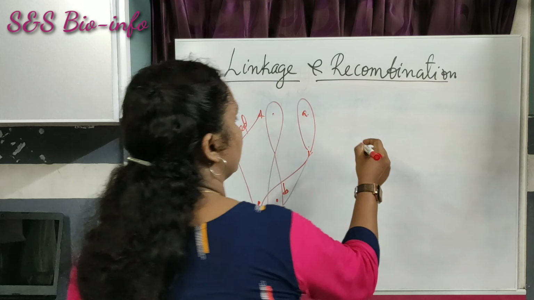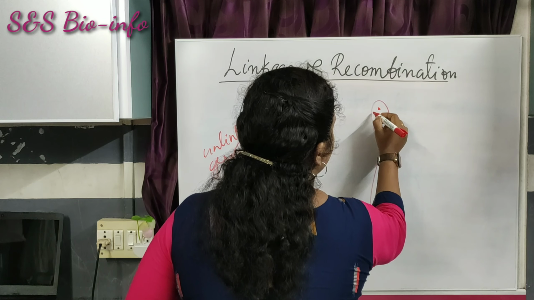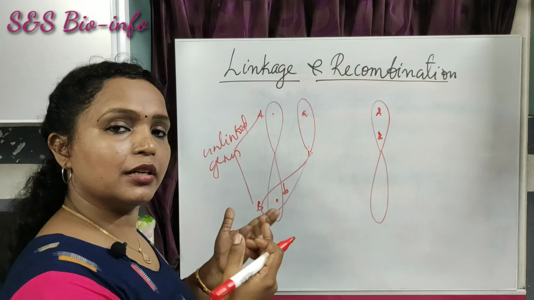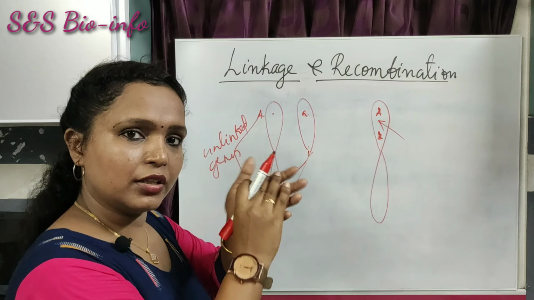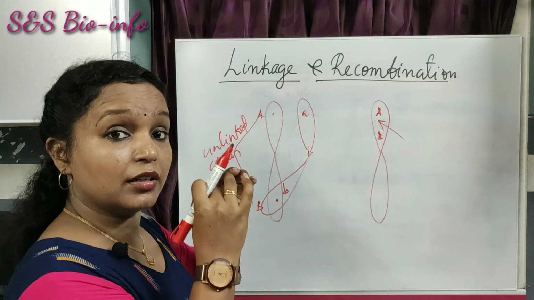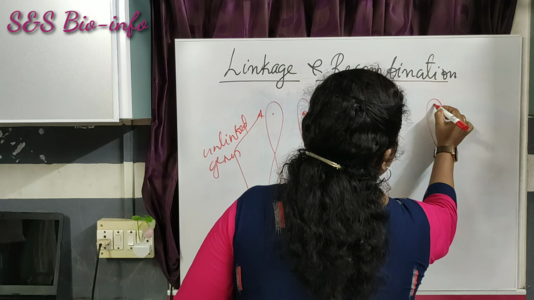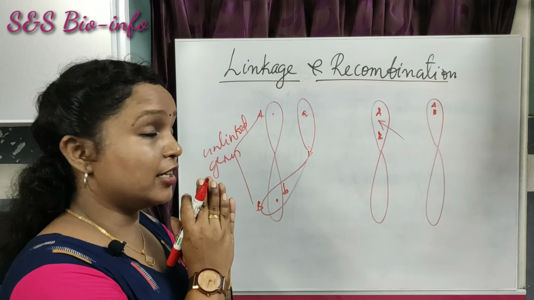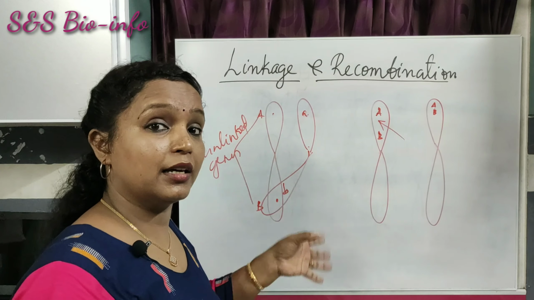Let's consider another situation. The next chromosome has the genes A and B located here, which means less distance between the genes. Here there is less chance of crossing over. If crossing over occurs at a particular place only, there is a chance of A getting separated from B. In the case of the third one, if the genes are located very closely, they always stay together, and crossing over must take place at a particular point for them to be separated.